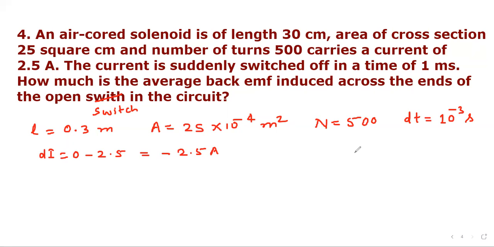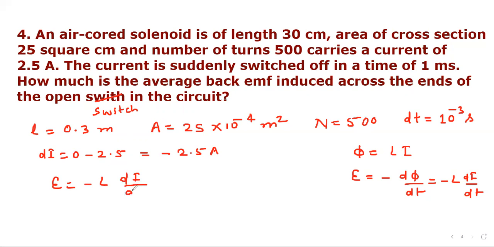With these informations, let's write the formula and evaluate. So phi equal to Li and E equal to minus d phi by dt, from where we get minus L di by dt. So we write it here. So E will be equal to minus L di by dt. We put the values.